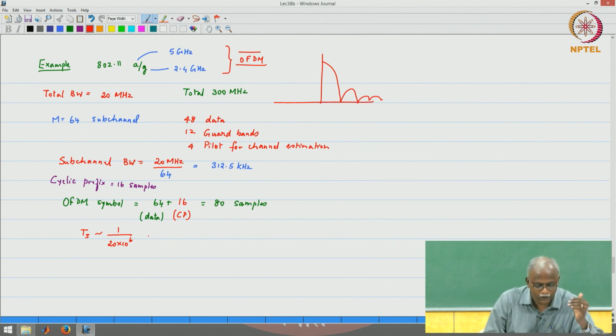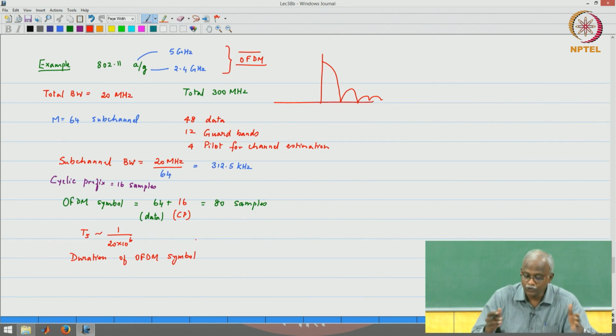What is the duration of the OFDM symbol? OFDM symbol will be 80 times Ts, right. One OFDM symbol basically corresponds to 64 channel usages, but we are going to transmit 80 samples.